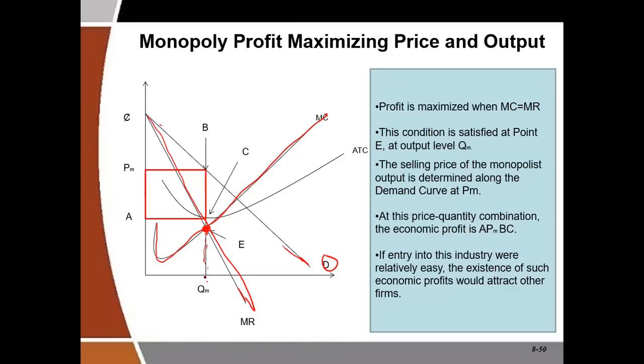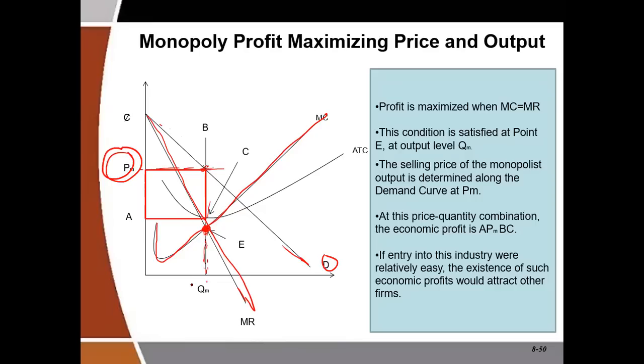Now, to get prices, I said monopolies can set quantity, then the quantity would reflect in the price. So we can trace this quantity to the demand curve, because the demand curve is a curve of combination of price and quantity. So once I trace this quantity to the demand curve, I'll get the price. So this is the equilibrium price, okay?